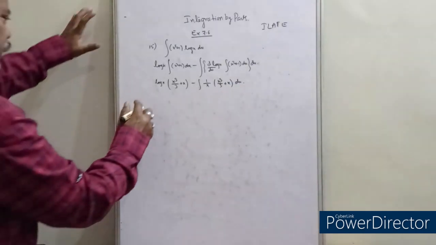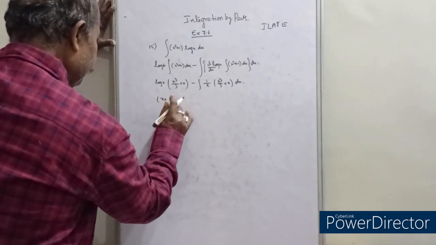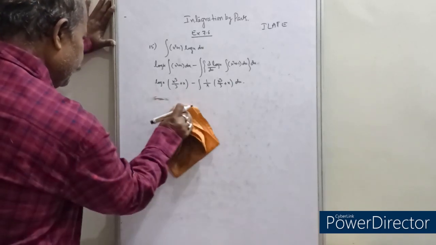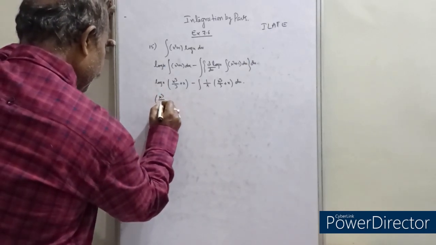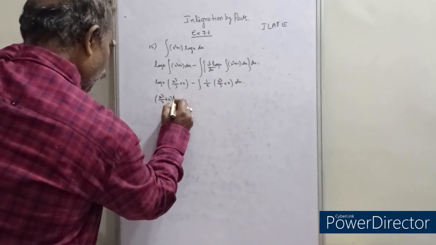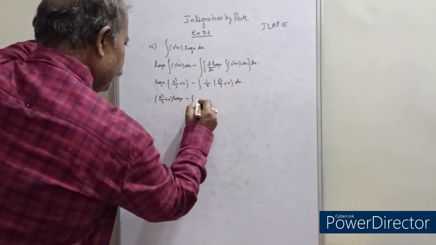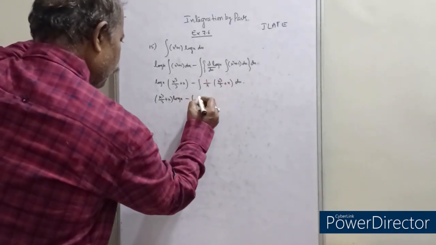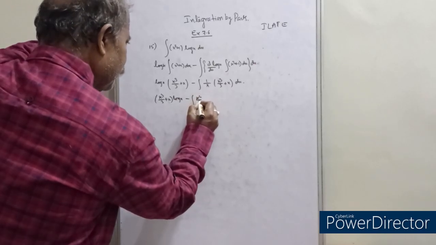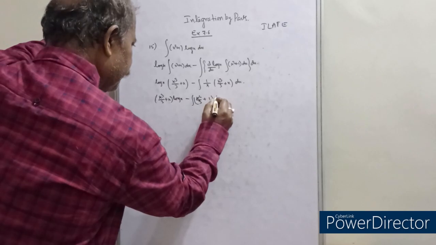So here you see, this will be x cube by 3 plus x log x minus, here when this enters into the bracket, that is the distributive law, we are going to get x square by 3 plus 1 dx.